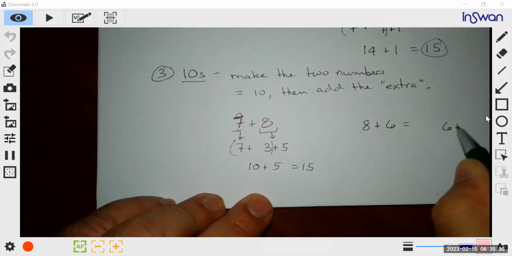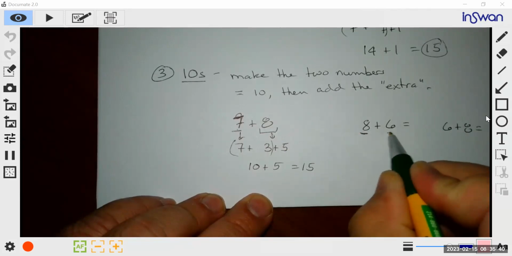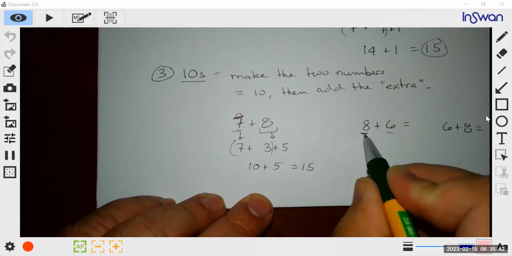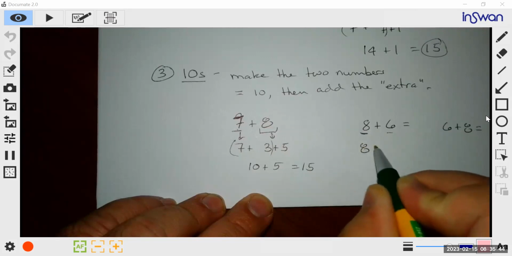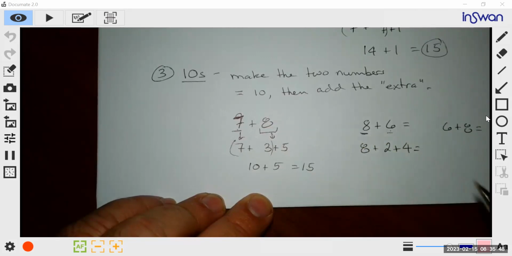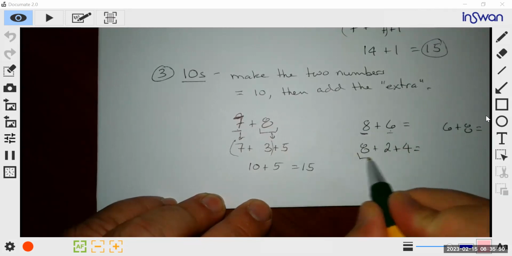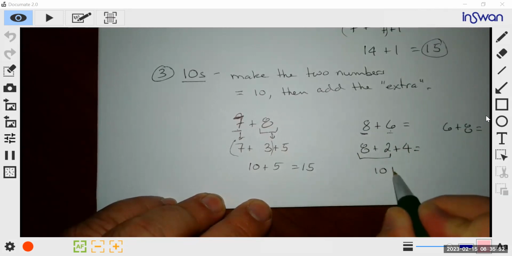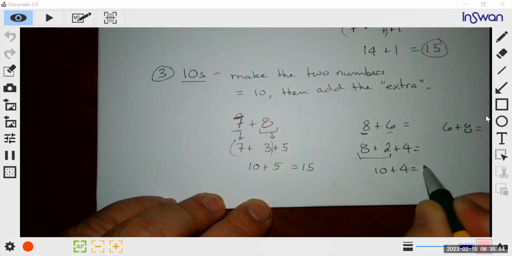So it doesn't matter which way you put the numbers. Since 8's first, let's break this one down. So what to 8 equals 10? So 6 is made up of 2 plus 4. 8 plus 2 is 10, plus 4 is 14.